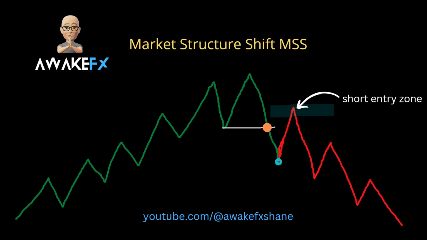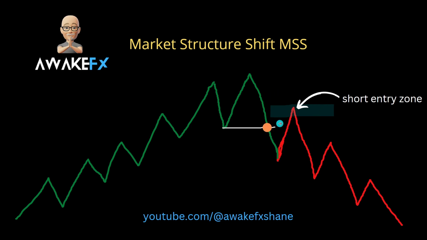So usually when that happens, then we'll see a move up before failing to break the high, and price will then sell off and make a lower low than the previous low and a lower high than the previous high, and then our uptrend has technically changed to a downtrend.